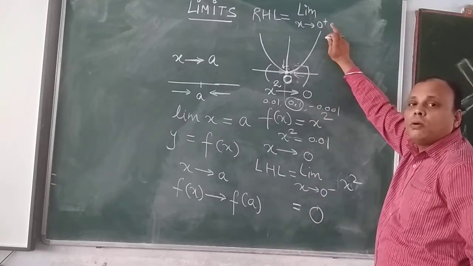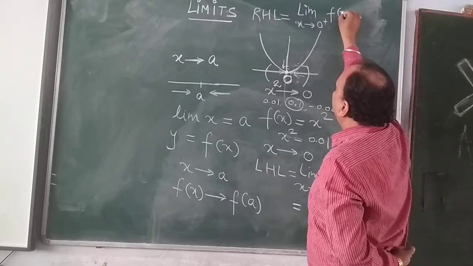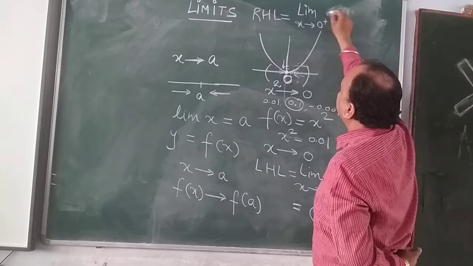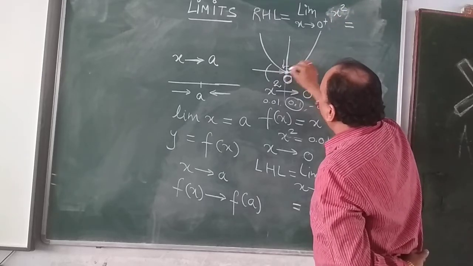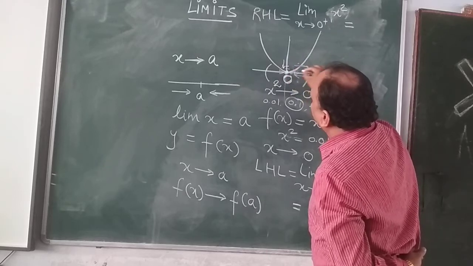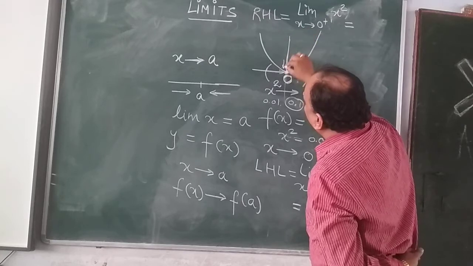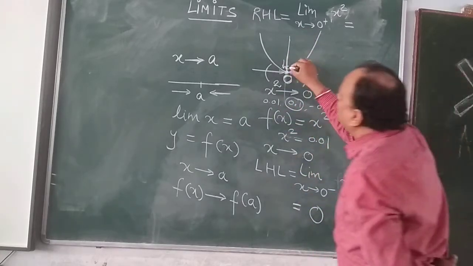It stands for positive, the right hand side limit of the function. But in this case, the function is x square, so again we will replace it by x square. We will see that when x is tending to 0, the value of x square, which is coming on the y-axis, also goes nearer and nearer to 0.